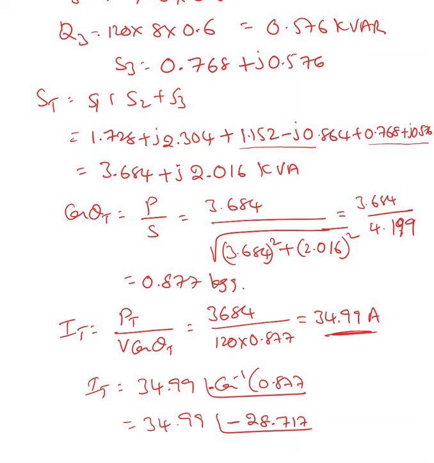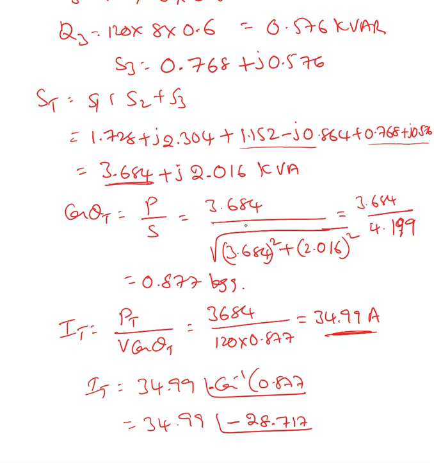These are all in kilowatt and kVAR. So the total is 3.684 kilowatt plus J 2.016 kVAR. So it is consuming 3.684 kilowatt and also consuming 2.016 kVAR, P and Q.